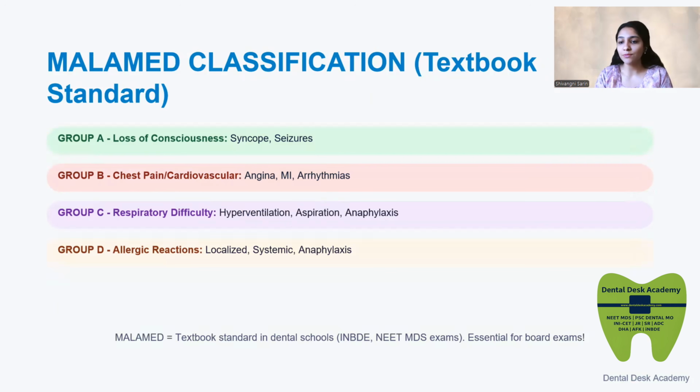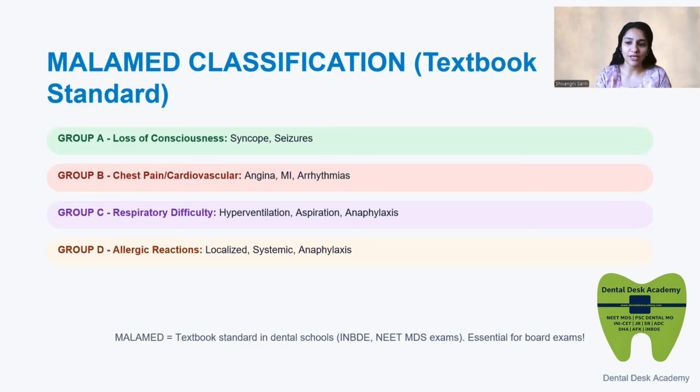Now, this is the textbook Malamed classification, which says that under group A, loss of consciousness is the main emergency. Under this, you have syncope and seizures. Then you have group B, which basically starts as chest pain and is mainly cardiovascular in nature. So you have arrhythmias, angina, and MI.